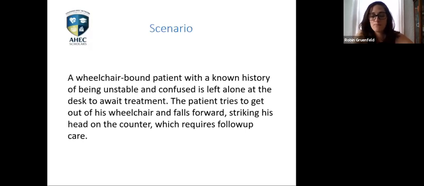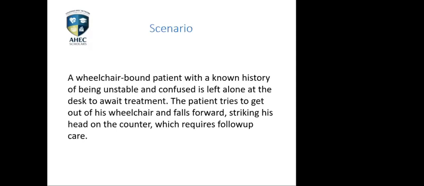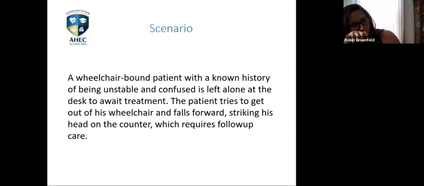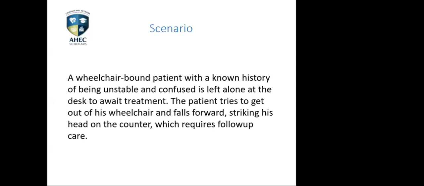So, okay, great. And I want to comment that I feel like in a lot of the discussion that TeamSTEPPS had about teamwork, it included the patient. And so I feel like part of the situation could be avoided if the patient was considered a partner in the care and could have said, like, you know, don't leave me in front of a counter, or could have helped with ideas to prevent something like this happening.